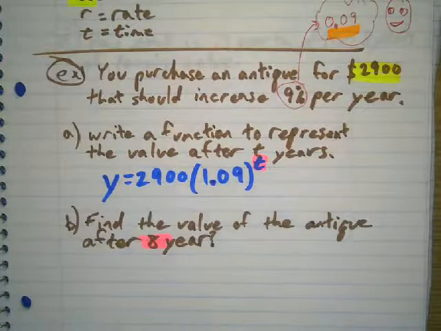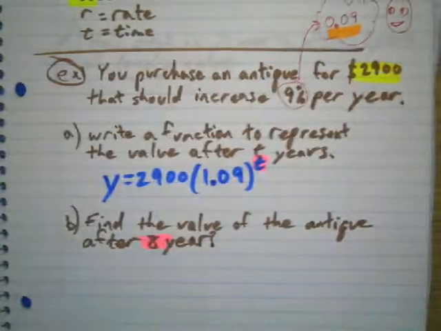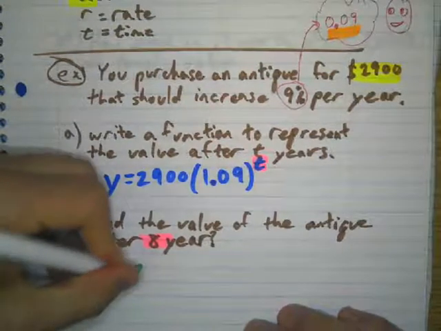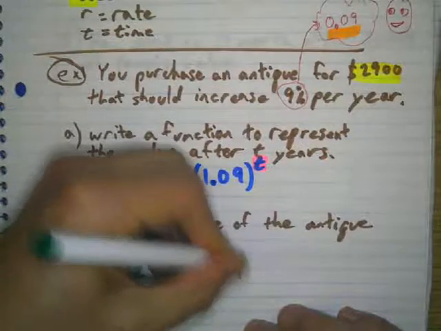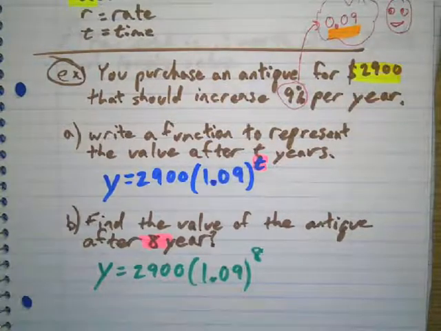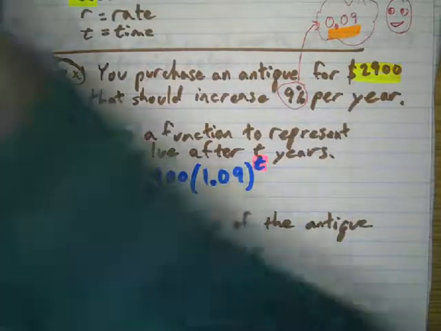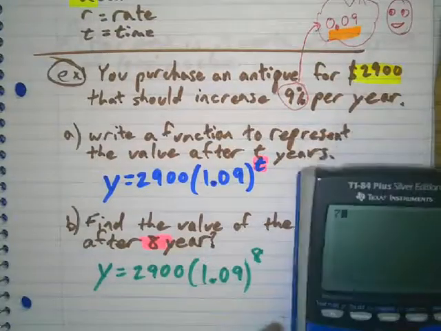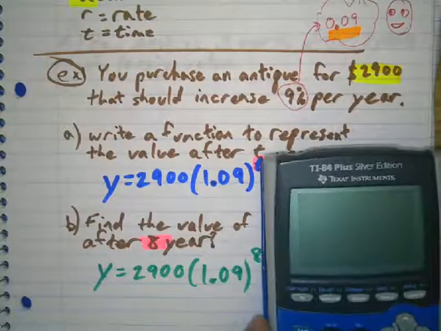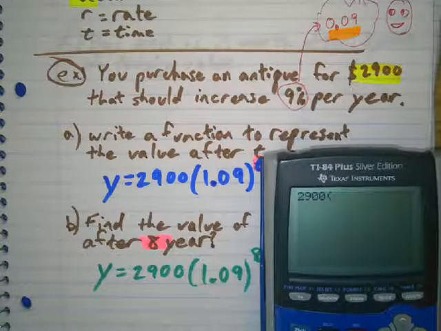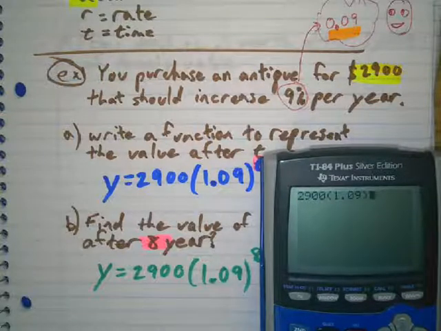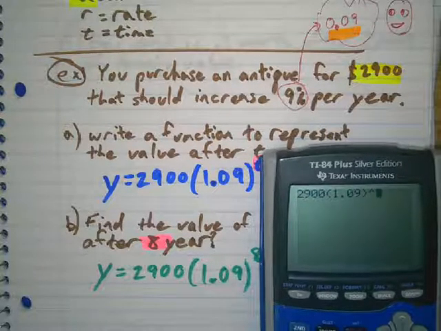So I end up with y equals 2,900 times 1.09 to the power of 8. And I'll type that into my calculator. 2,900 parentheses 1.09 close parentheses caret to the power of 8.